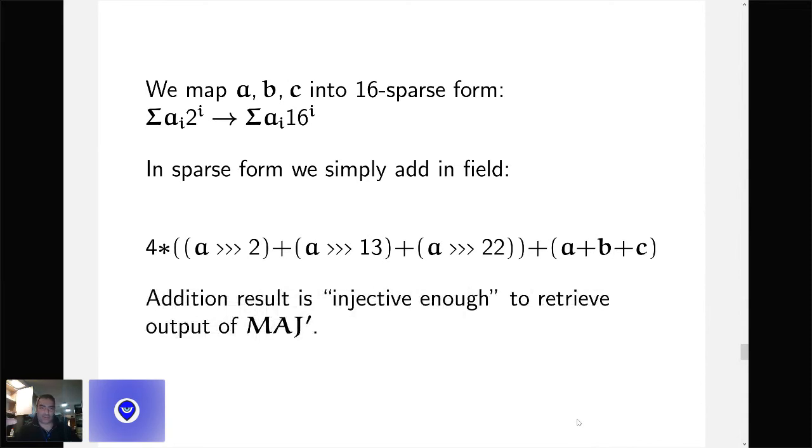Now the cool thing is that this addition result is injective enough to retrieve the output of majority prime. Why? Obviously this is not an injective map, because if I switch the values of A and B, I'll get the same thing, since addition is symmetric. But the point is that for the bitwise majority of A, B, and C, I just need to know for each bit how many of those 3 are 1.